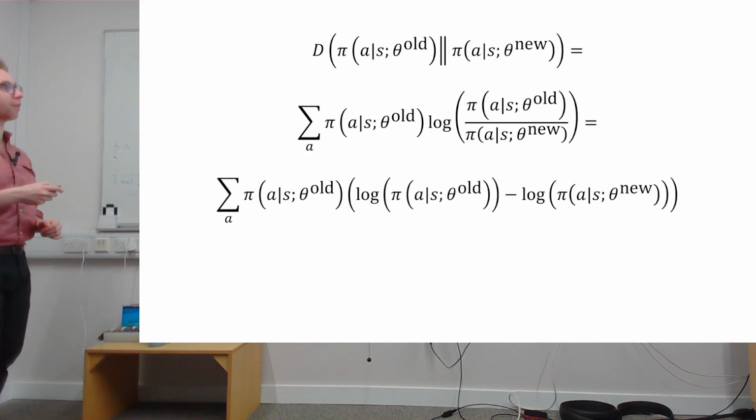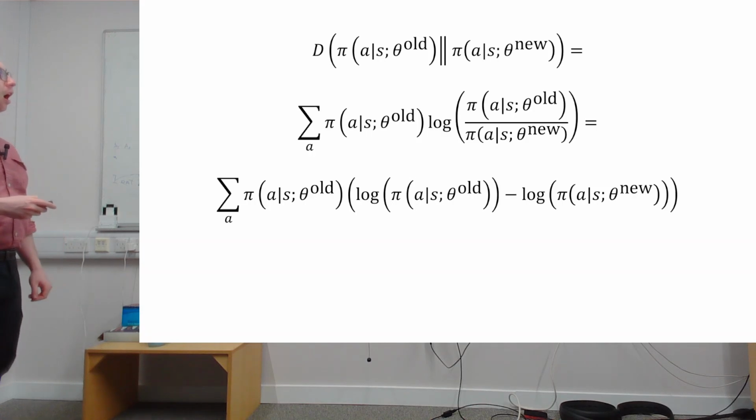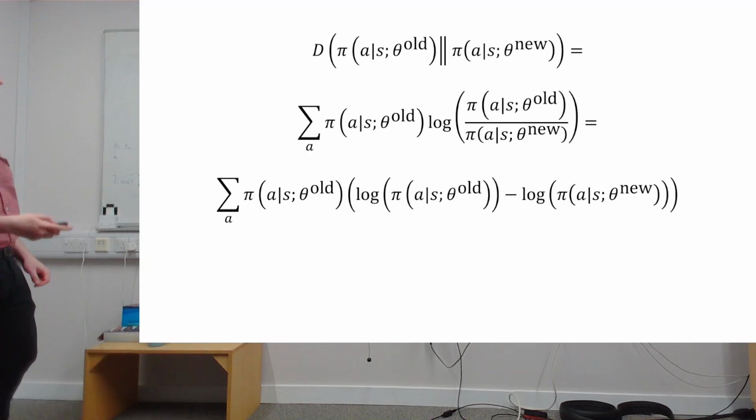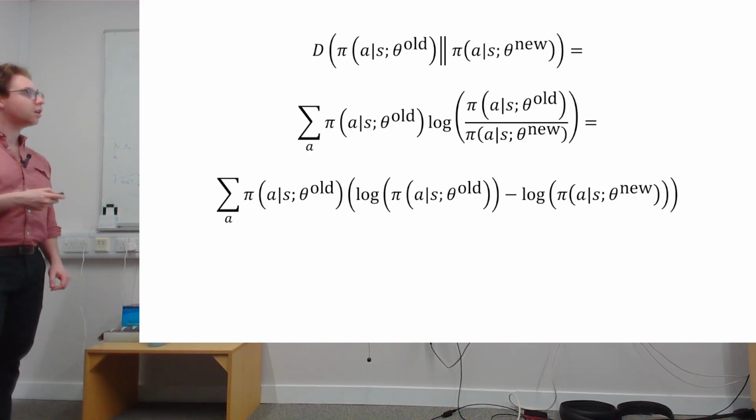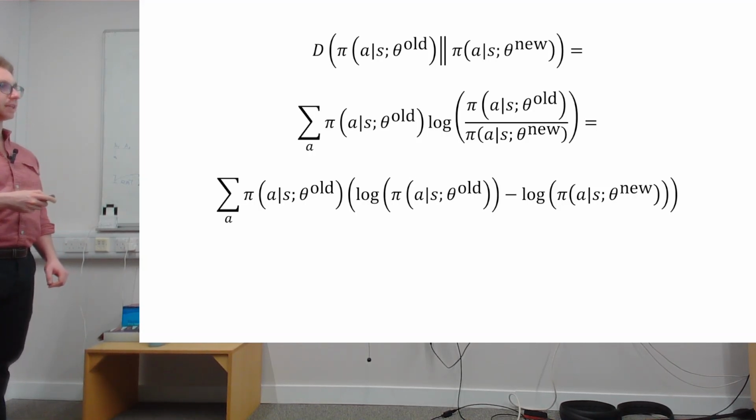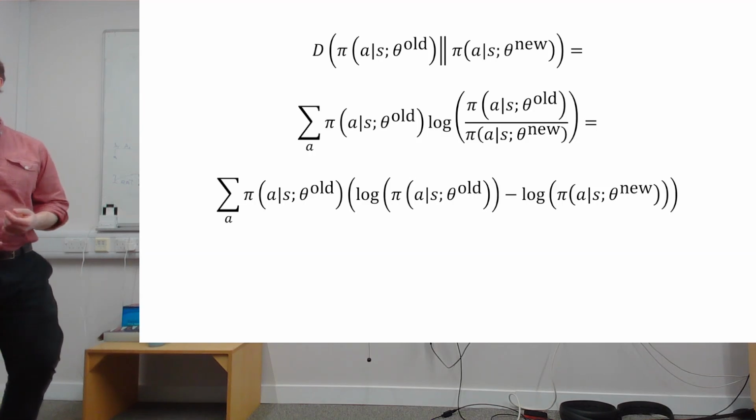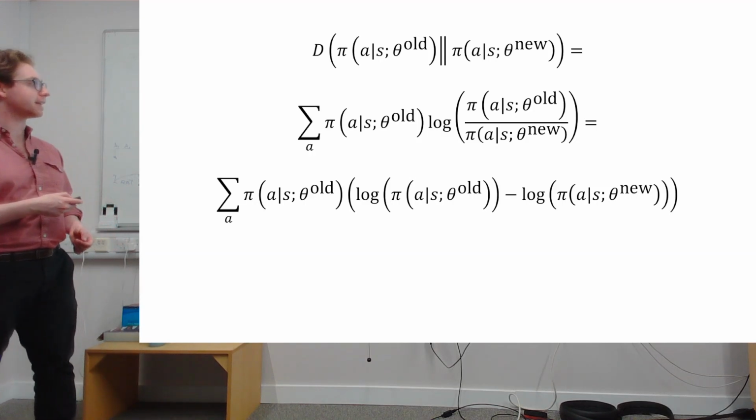This is another way of writing this out, so we can just expand this log ratio as log probability old minus log probability new. The reason I've written it in this form is that this is slightly more interpretable. So the way to interpret this, well, log probabilities correspond to how well does a particular thing explain data.